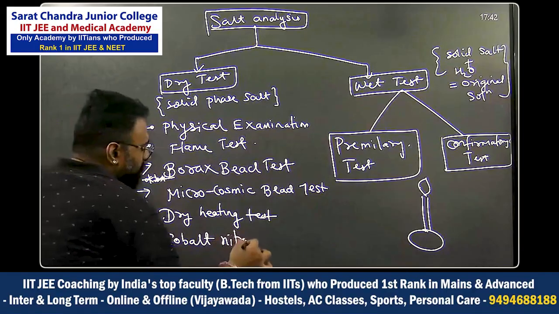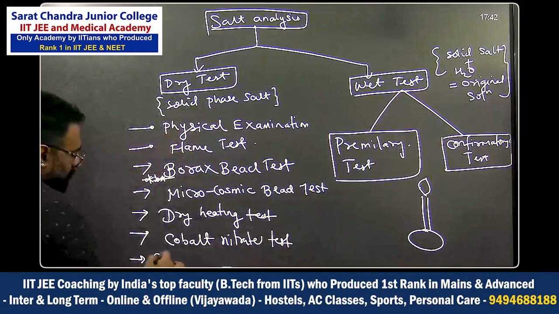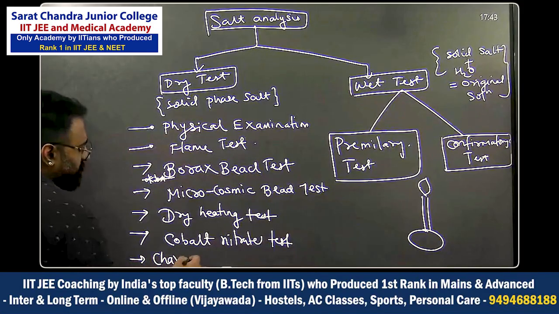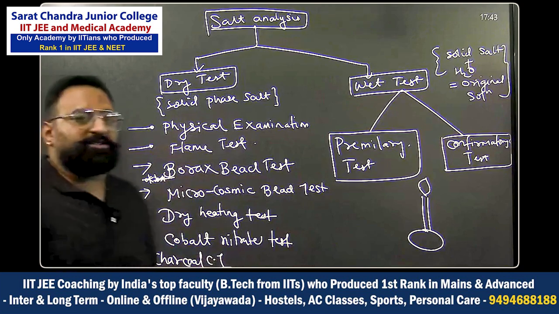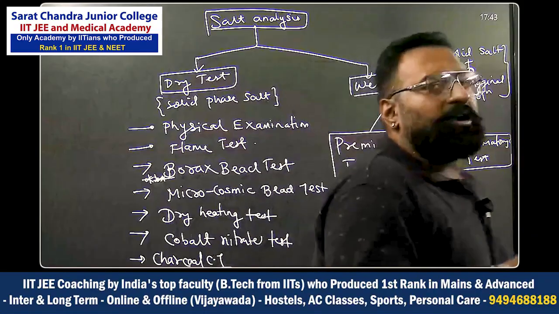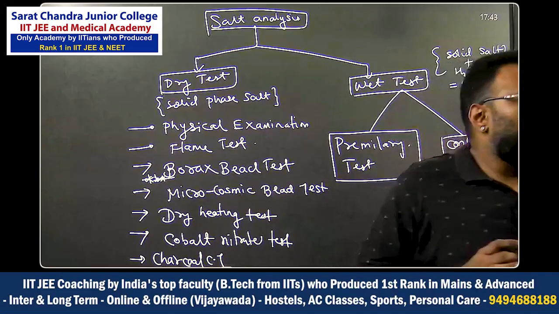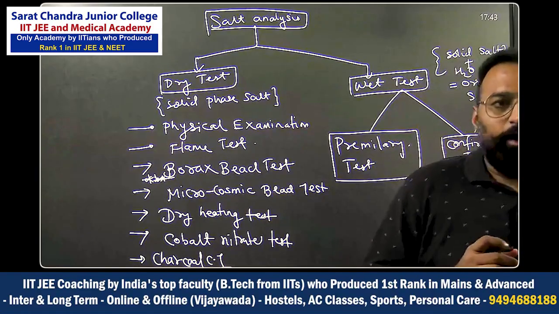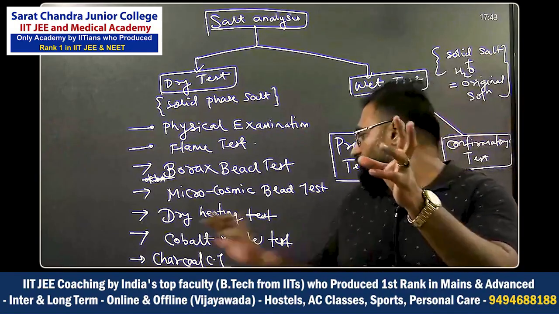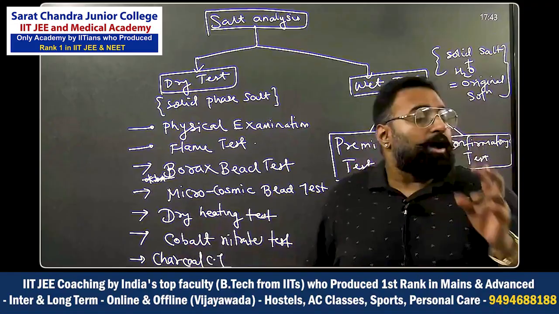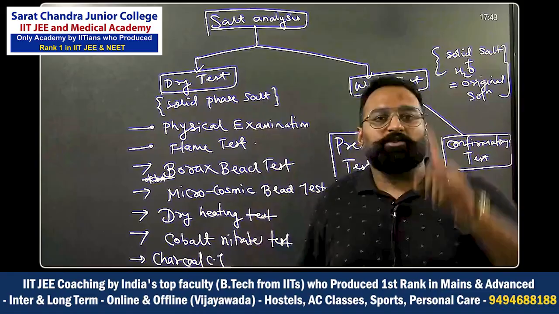Okay, then cobalt nitrate test, charcoal cavity test. These are less important tests. When we talk about charcoal cavity test, what is charcoal? We are using coke, the coke form of carbon, and we are reacting it with the salt. This will produce a result because charcoal or coke is C. Does it behave as oxidizing or reducing?